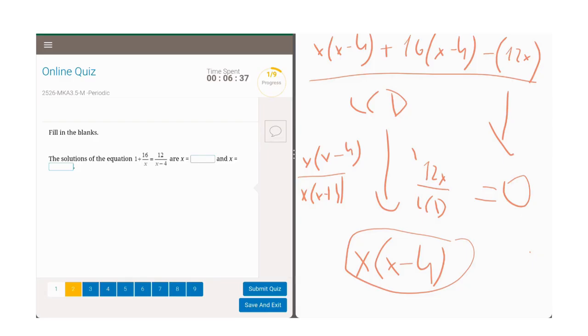Now if we distribute, this will become x squared minus 4x plus 16x minus 64 minus 12x. So once we completely finish distributing, and then we cancel, so minus 4x with 16x, it'll become 12x.